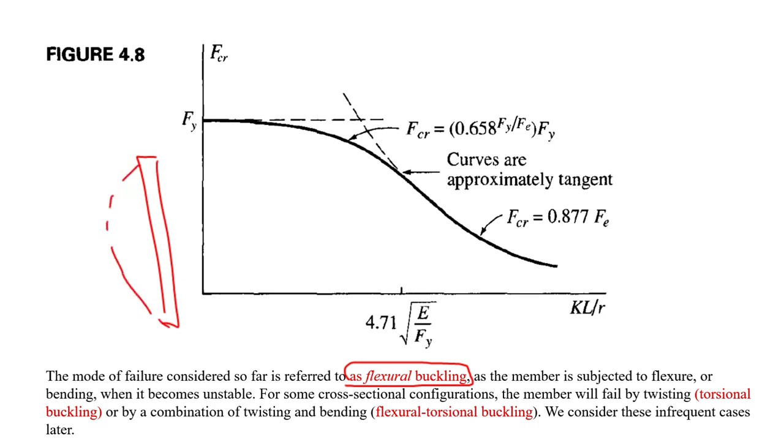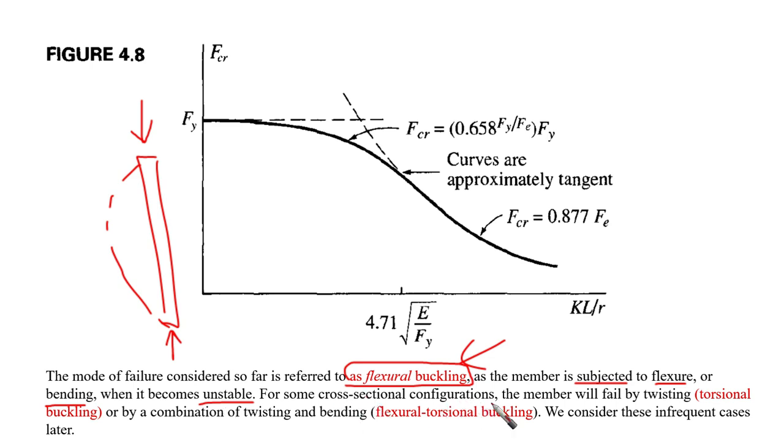We call this flexural buckling, as the member is subjected to flexure or bending when it becomes unstable, because whenever the member is under axial force, as I said, buckling mode failure is going to take place. It is as if the member is subjected to flexure or bending when it becomes unstable.